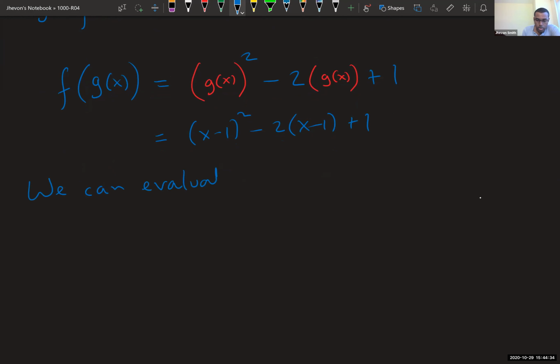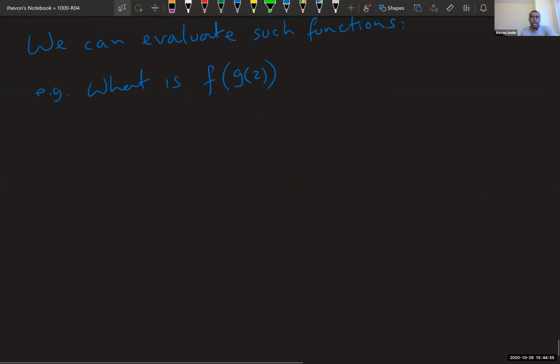And we can evaluate such functions. I spoke about function evaluation as well. So for example, I can ask you, what is f of g of 2? You'd have a couple of ways of doing this. One way is first find g of 2, then plug into f.